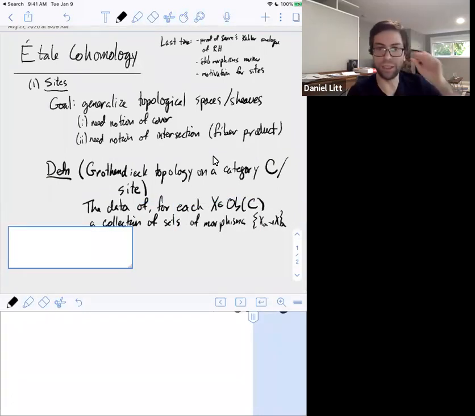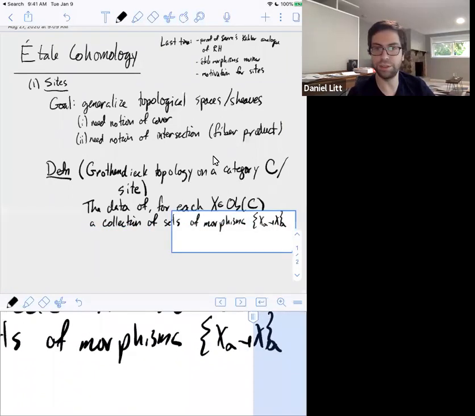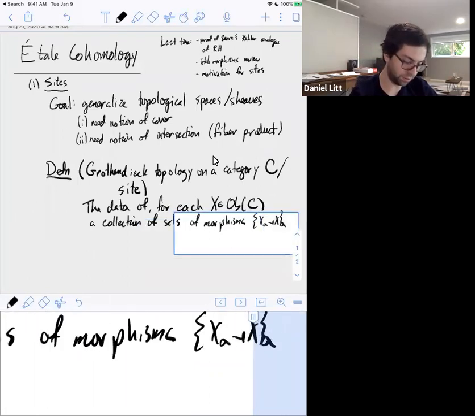So here the alpha index the morphisms in this set, and then for each X we have many such sets. Okay, so these are called covering families.